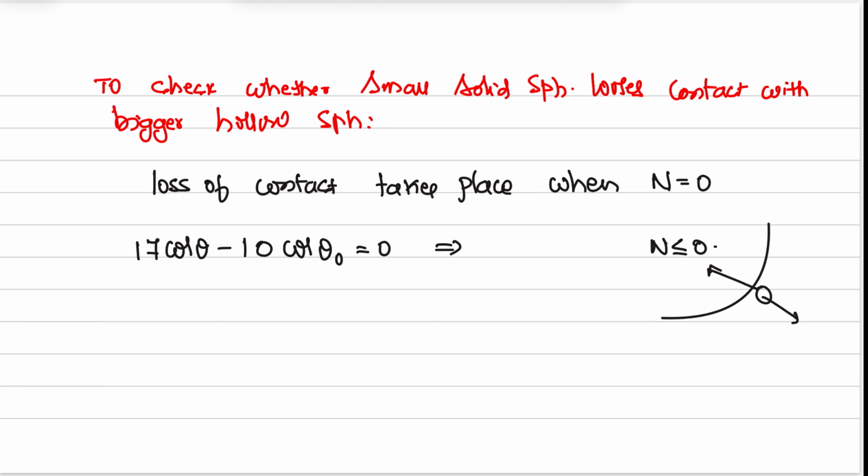That implies cos theta is equal to 10 by 17 into cos theta naught. When will this be possible? When cos theta is greater than cos theta naught.